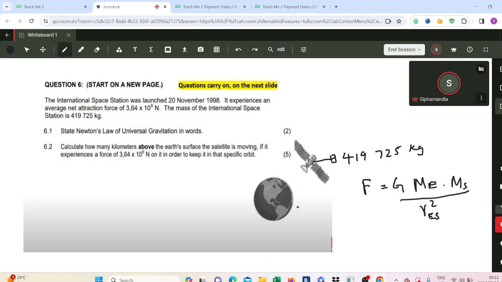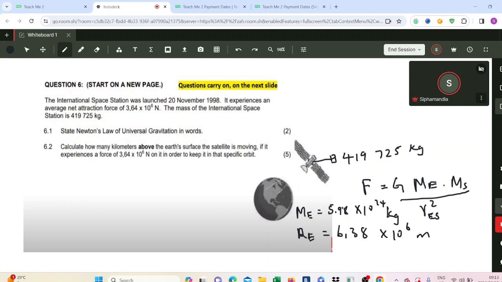In the question paper, the mass of the earth is equal to 5.98 times 10 exponent 24 kg, and the radius of the earth is equal to 6.38 times 10 exponent 6 meters.